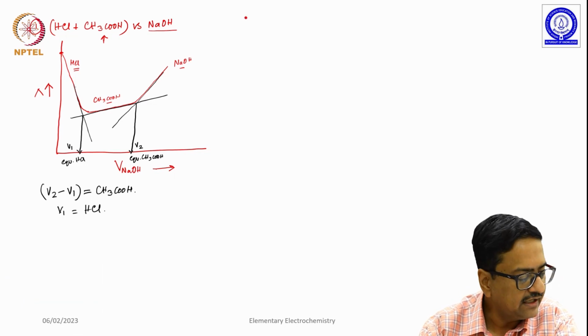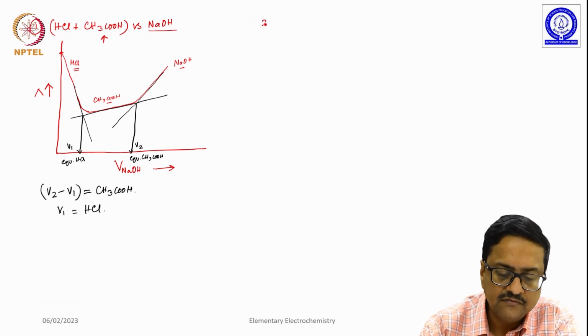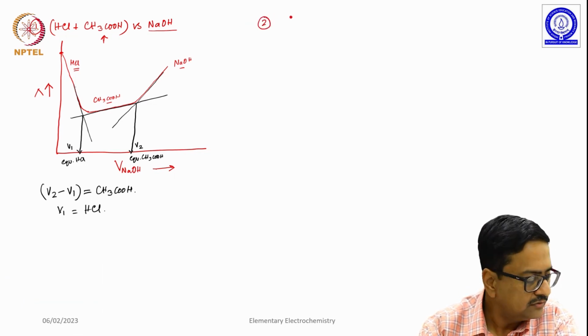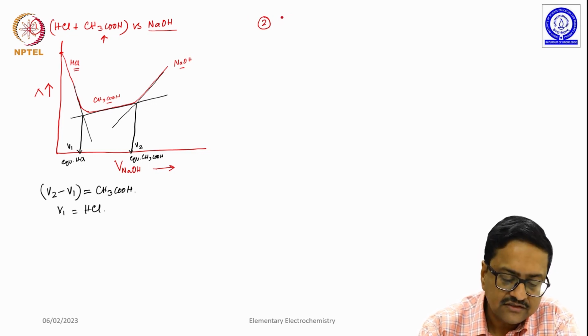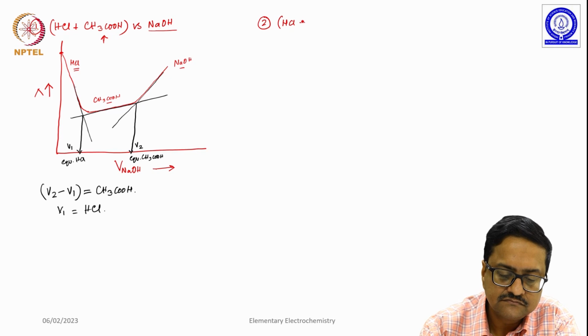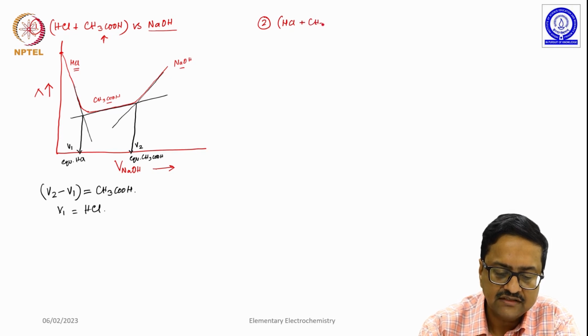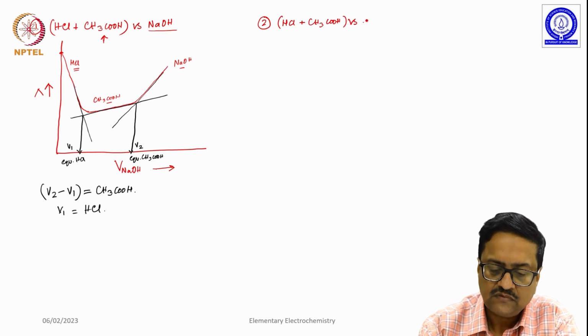So the next one I gave, number 2, is a strong acid HCl plus a weak acid acetic acid versus a weak base ammonium hydroxide.